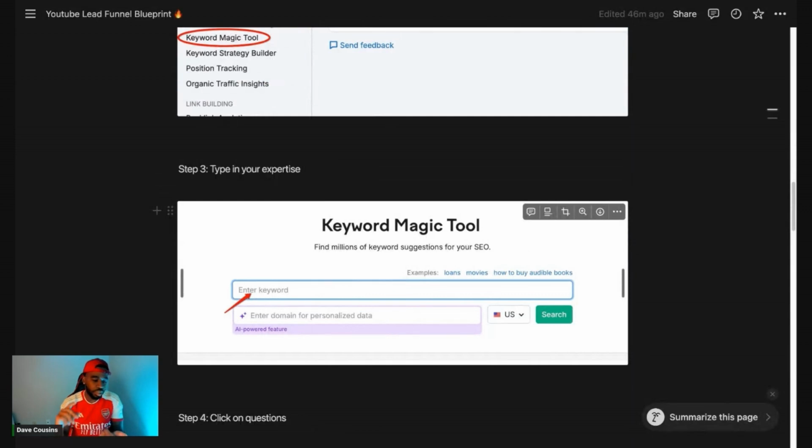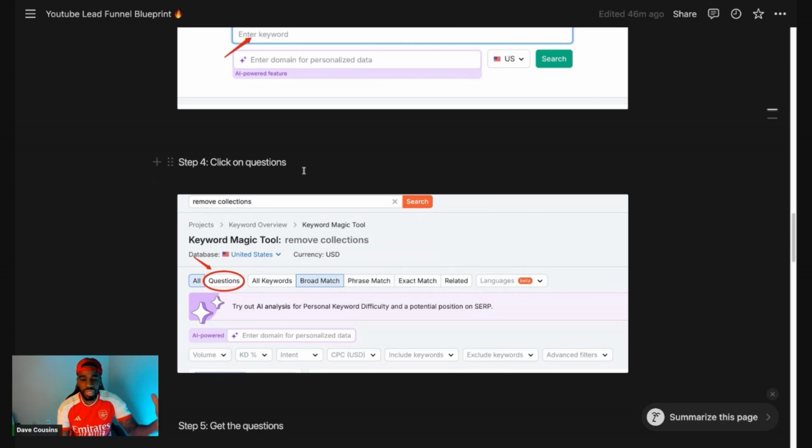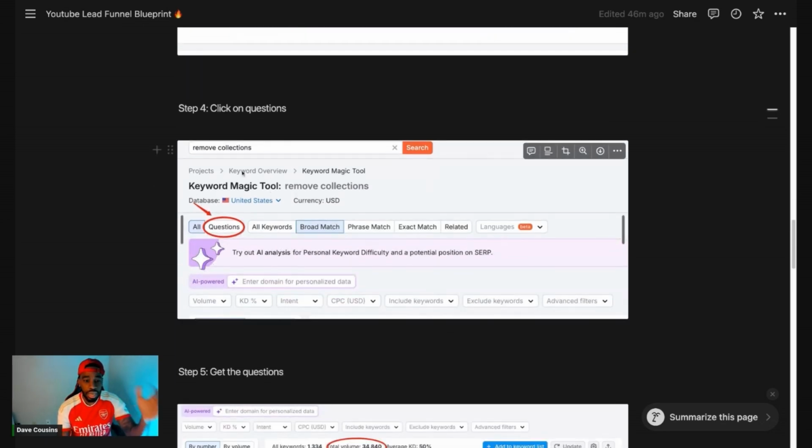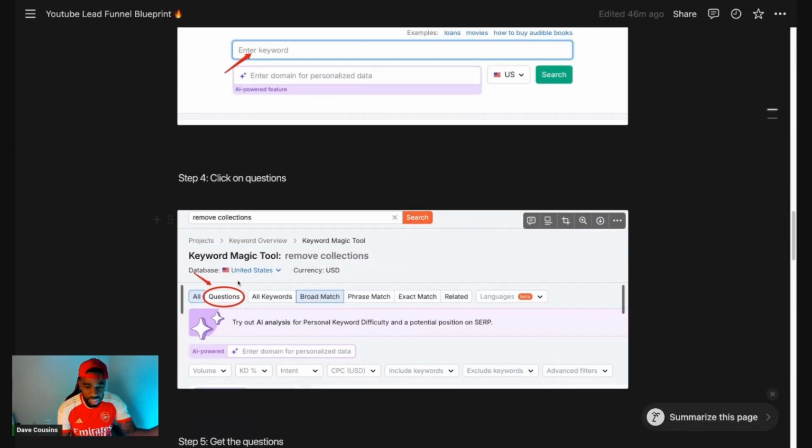Whether you know how to cook, bake, do hair, garden, whatever you're good at, put that keyword in. For me, when I started my credit repair business, I put in things like remove collections. Once you put in your keyword, click on the tab that says questions.